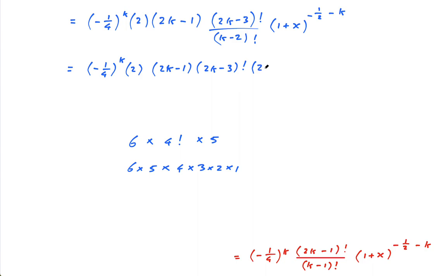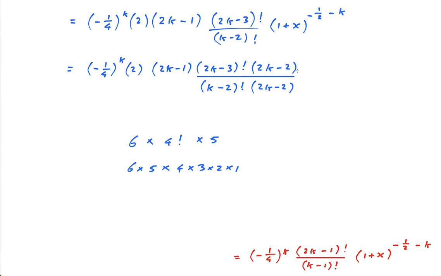So I'm going to multiply by (2k − 2). But obviously, I can't just multiply something by (2k − 2), I need to multiply above and below by (2k − 2). Okay, hopefully this makes sense, guys.